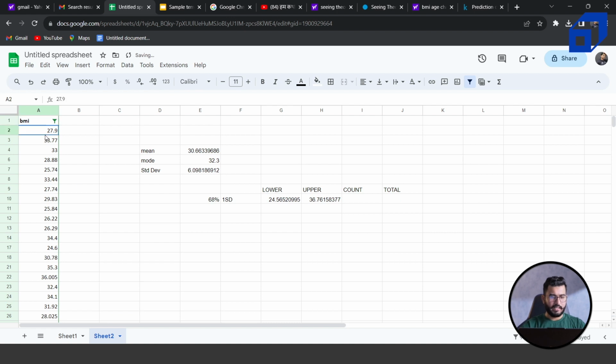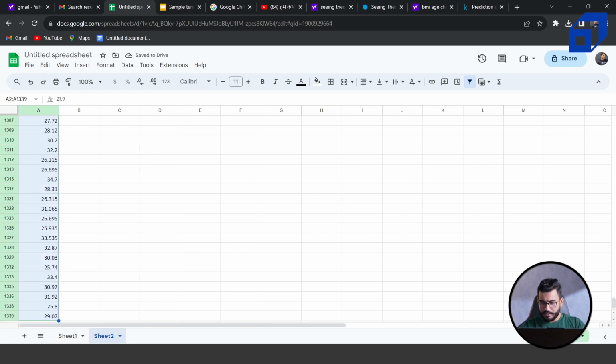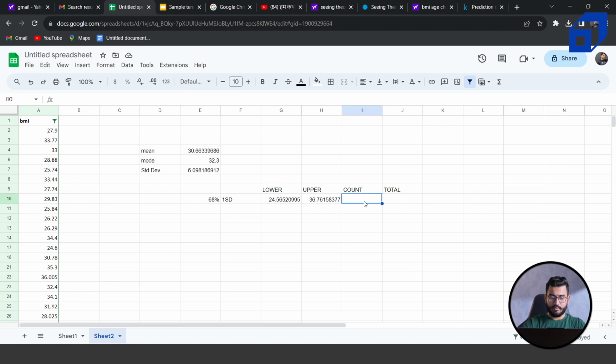Now I'll just simply count it. If you carefully look over here, the count is 900. So there are 900 values that fall in this range.